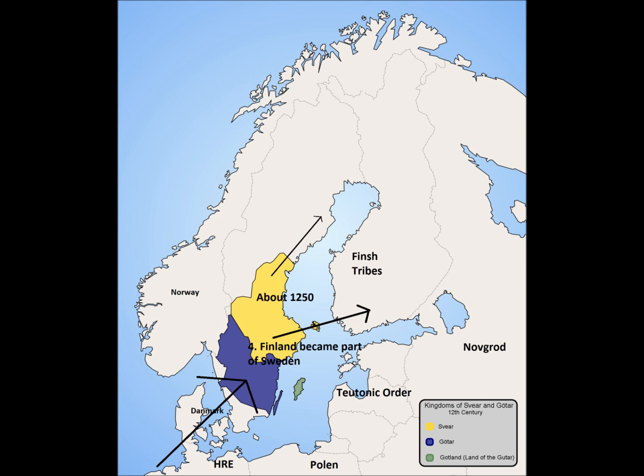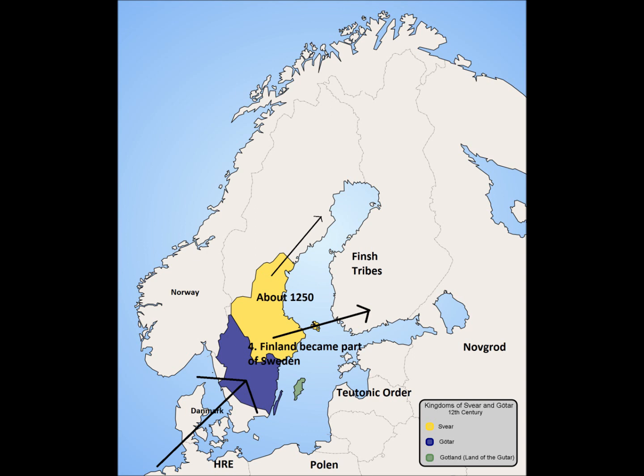Probably some tribes just went over to the Swedish side and were Christianized, and probably some tribes resisted, and it took some time, and there was some rebellion, and the first priest there was killed, and you know how it goes. But around 100 years later, Finland was a part of Sweden, and it would be for 500 years.